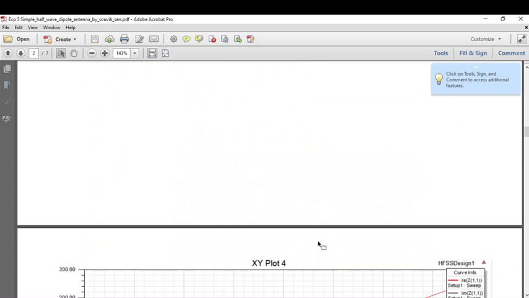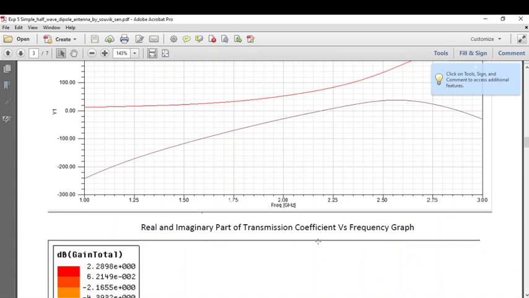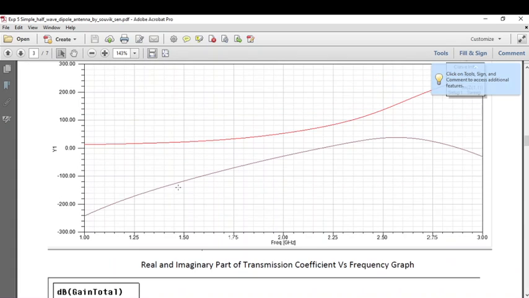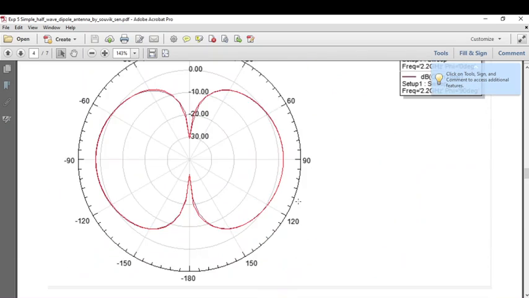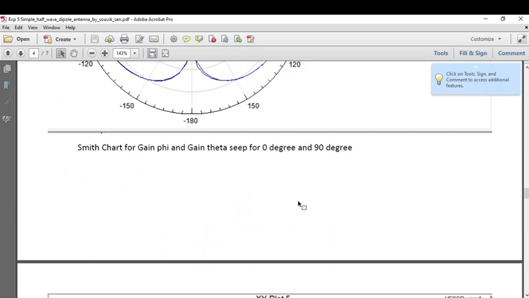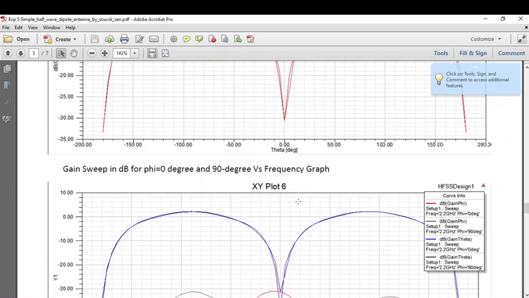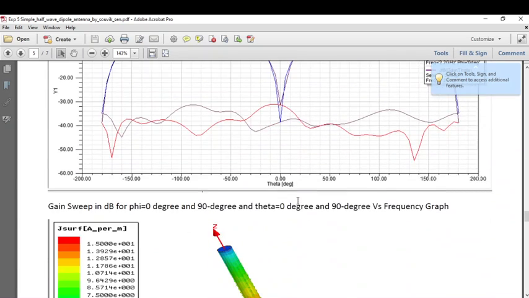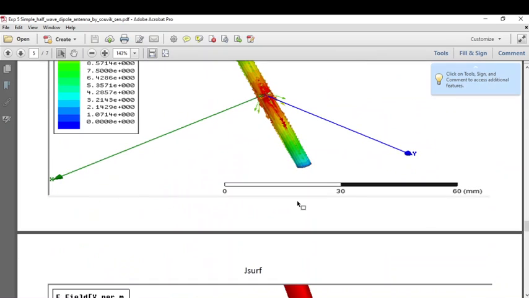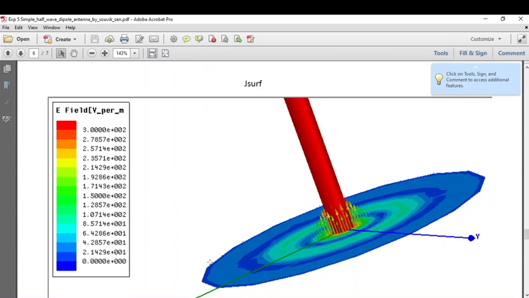Smith charts, the real and imaginary part graphs with respect to frequency. We can include all these. This is what I was going to show.